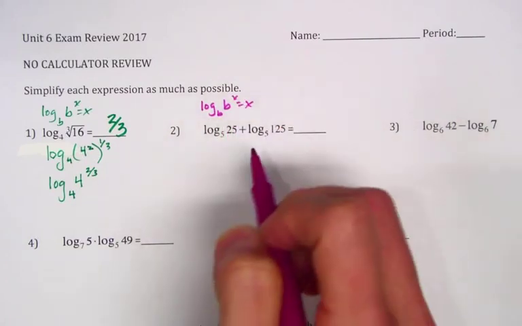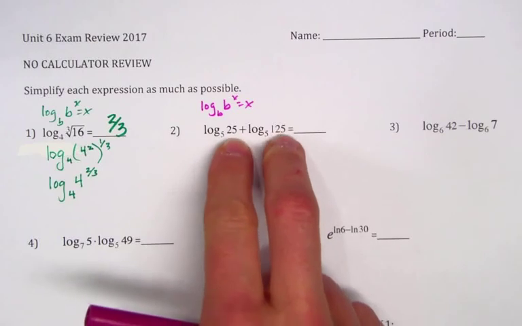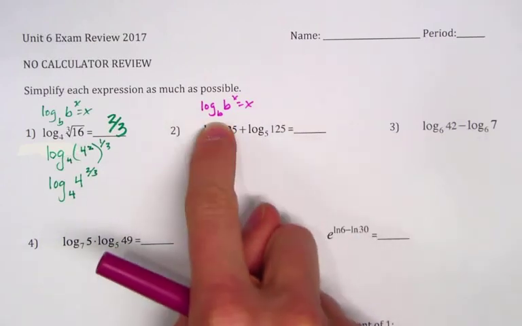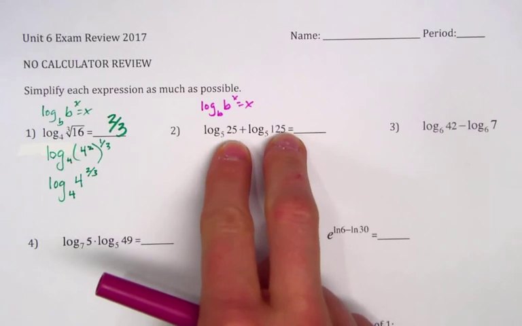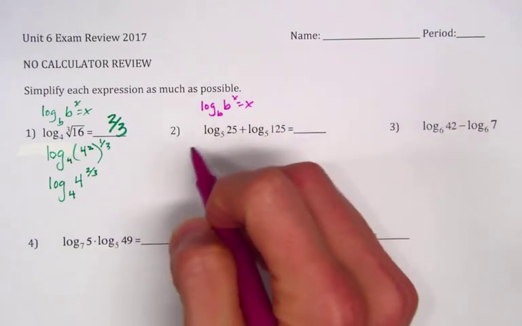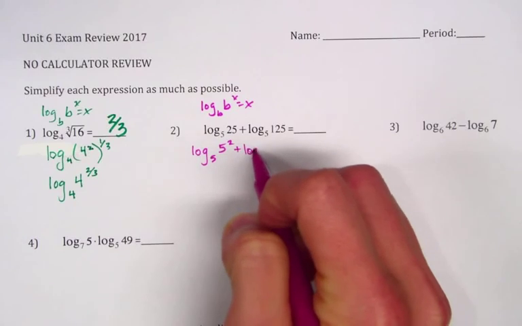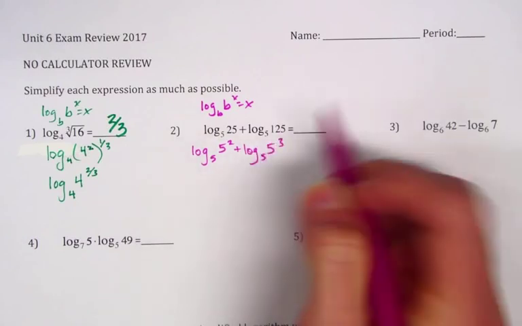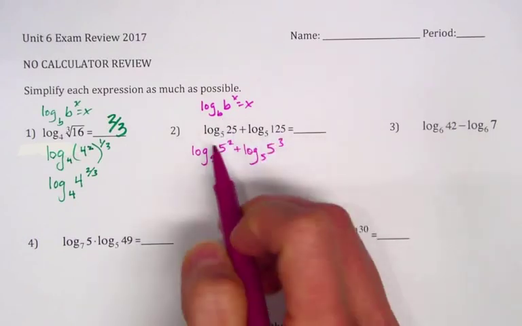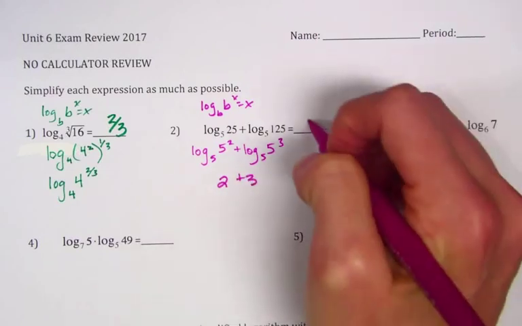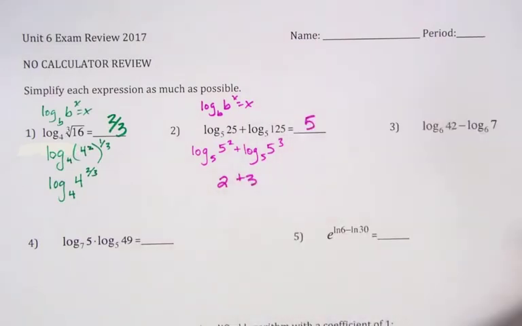And the reason why is because it's easier to simplify the problem if I start with this versus starting with the product property. So what happens is we get log base 5 of 5 squared plus log base 5 of 5 cubed. And by using this base property, this becomes 2, this becomes 3, and then it's easy to see that the answer is 5.